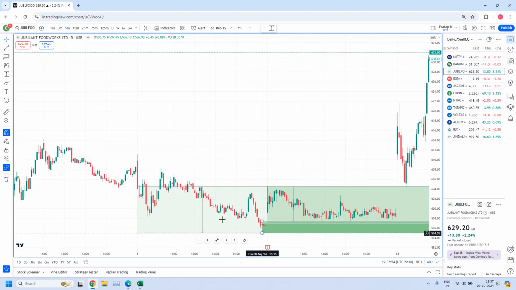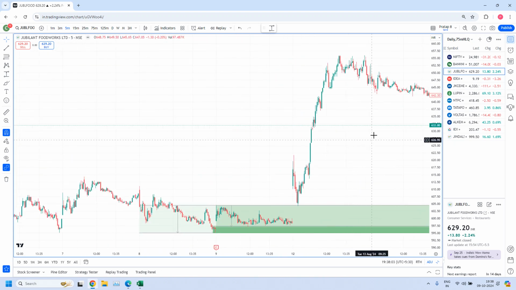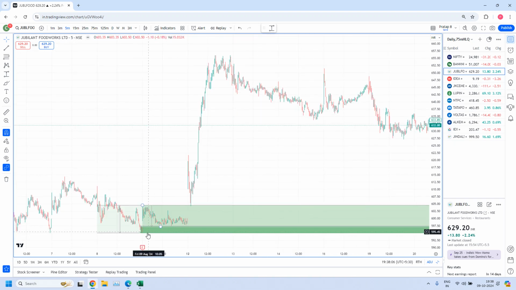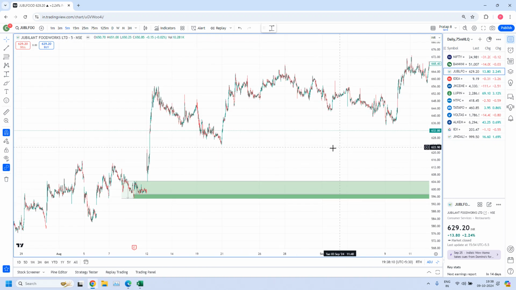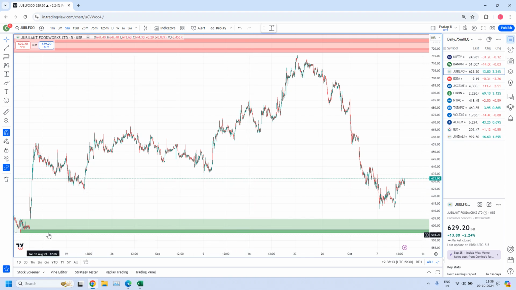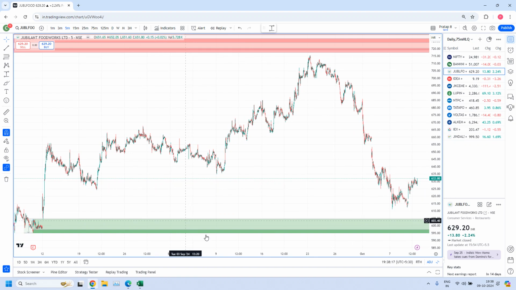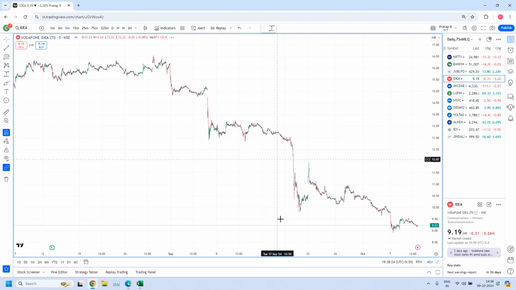But when you zoom out, they look like small candles compared to the earlier candles. Anyway, this is how I plan the aggressive trade in this area. If the risk is high, just ignore this. If the risk is low, you can accept a trade. It's all depending on your risk management. But anyway, prices did not enter into this area. Next one is Idea. This is also a daily zone.